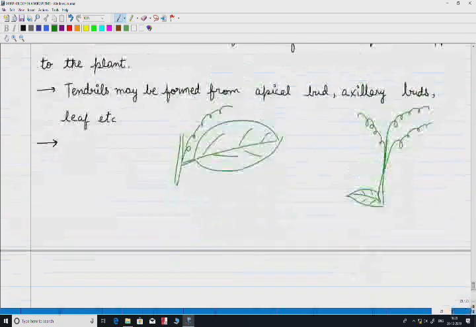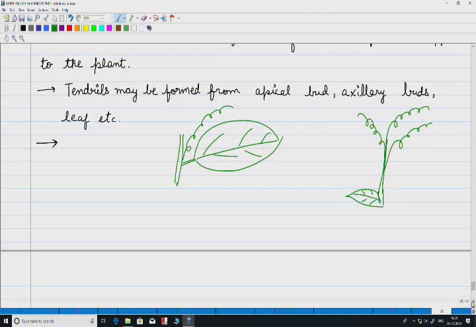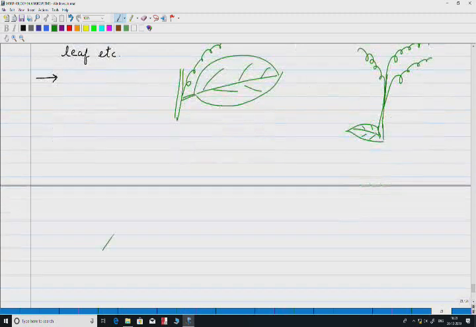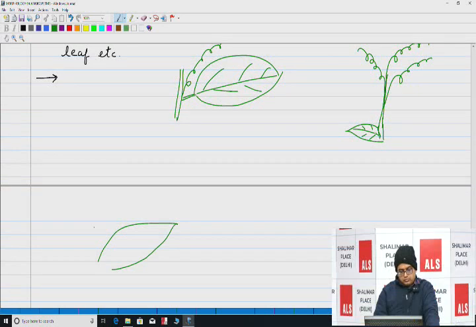Okay. Then there is one more thing that is possible, that the leaf apical part is getting modified into tendril.